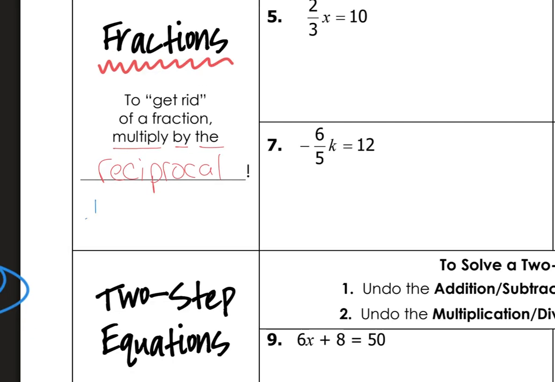If I had 2/3, the reciprocal is going to be 3/2. Notice how this thing just flipped. And I shouldn't have written 1/3 first, because the reciprocal of 1/3 is 3/1, which we just call regular old 3.